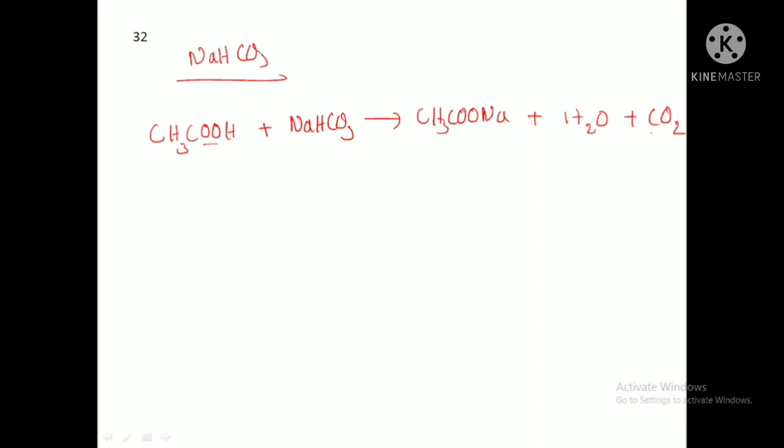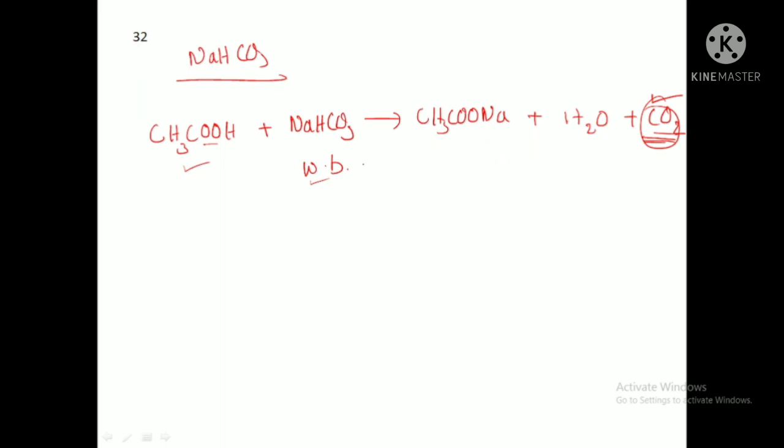Liberation of CO2 will take place. Remember this, sodium hydrogen carbonate will liberate carbon dioxide from acids. You can take any carboxylic acid on reaction with sodium hydrogen carbonate, a weak base, and it will liberate carbon dioxide gas, which forms brisk effervescence.